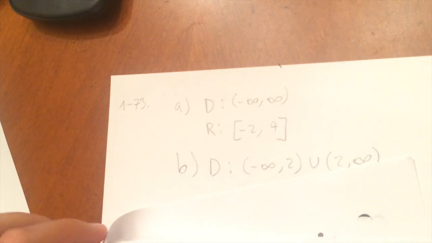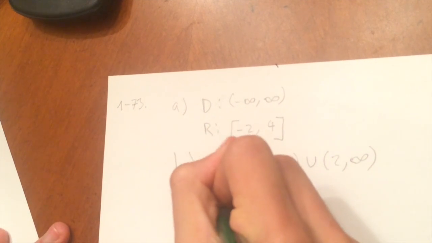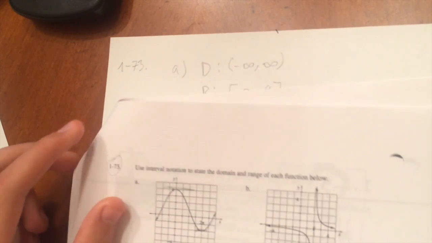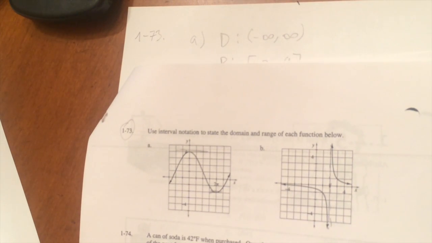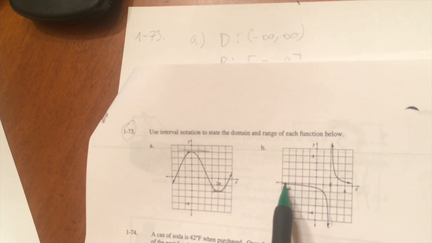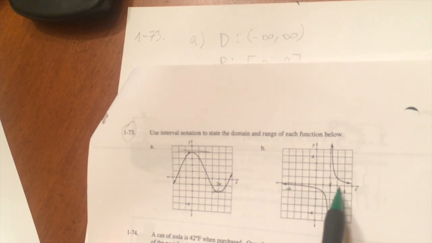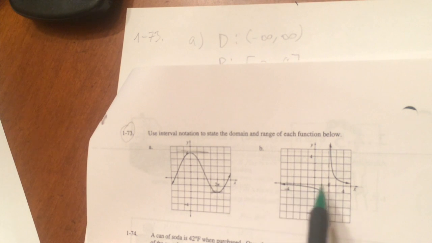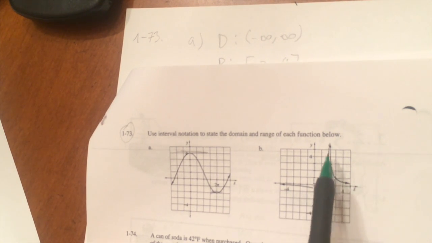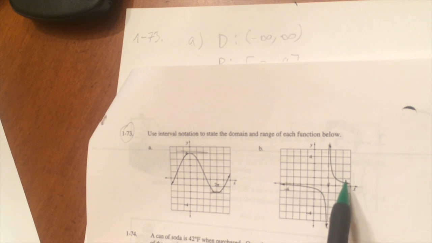Okay, and then for the range, if you take a look, the function is defined from negative infinity all the way to 0, not defined at 0. We can draw an asymptote here, a horizontal asymptote, and then all the way from 0 to infinity.